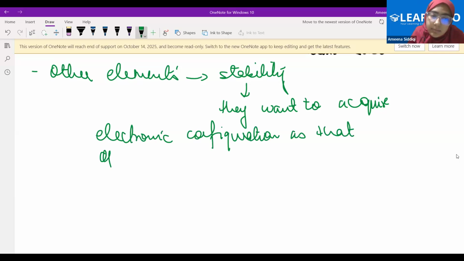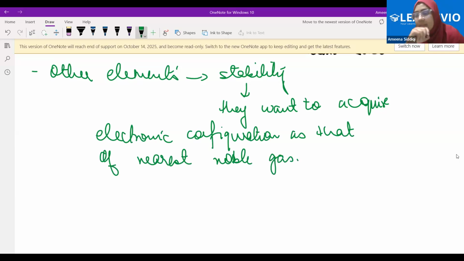This is very important. Why do they want to do this? Because these inert gases are already stable, right? So is it not that other elements want to gain stability? So in short, they want to become like the inert gases, which are already stable.